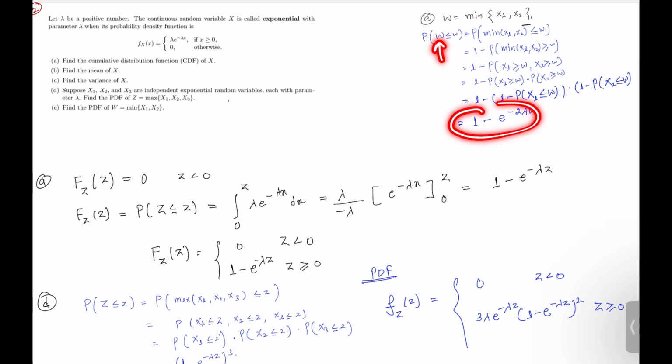Once you have the CDF of this random variable W, you can get the PDF. So what will be the PDF?